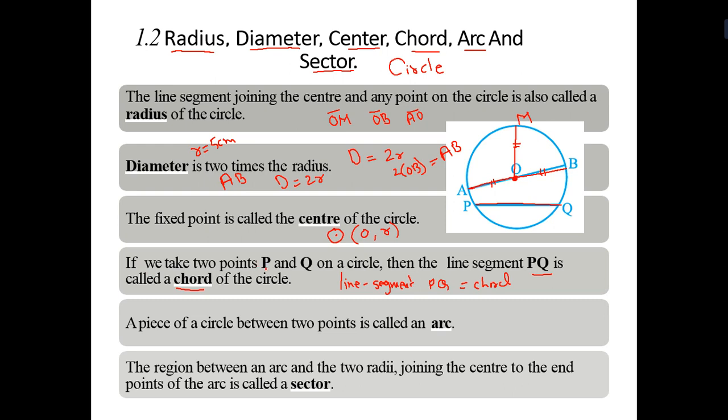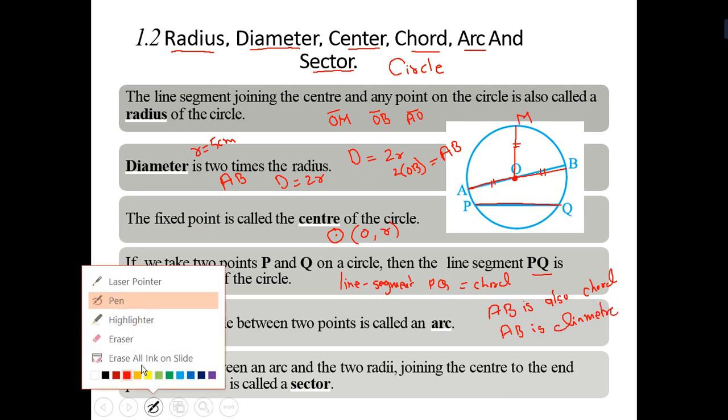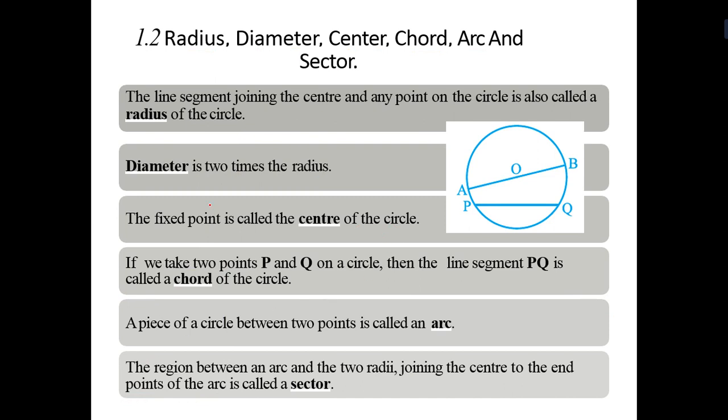We can take 2 points P and Q. AB, we can say also AB is a chord. AB is also a chord. We can say it is also a diameter and it is also a chord. Why? Because it passes through the center. A chord which passes through the center is called diameter.